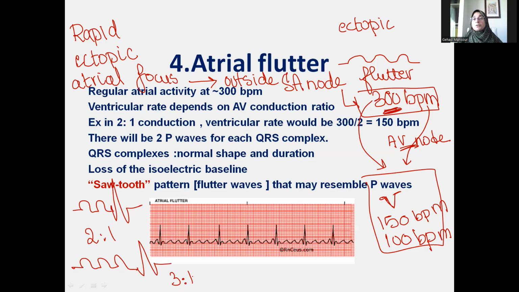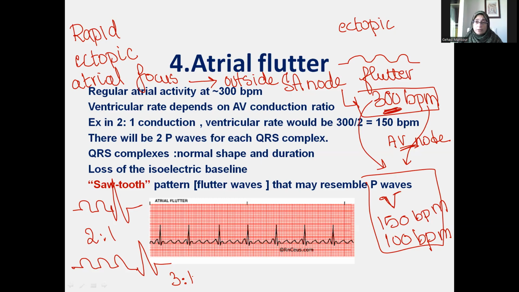So if I ever ask you, what is a 2-to-1 block? This means that for every 2 depolarizations of the atria, we would have 1 depolarization of the ventricles. And this also means that the AV node transfers only half the impulses to the ventricles.